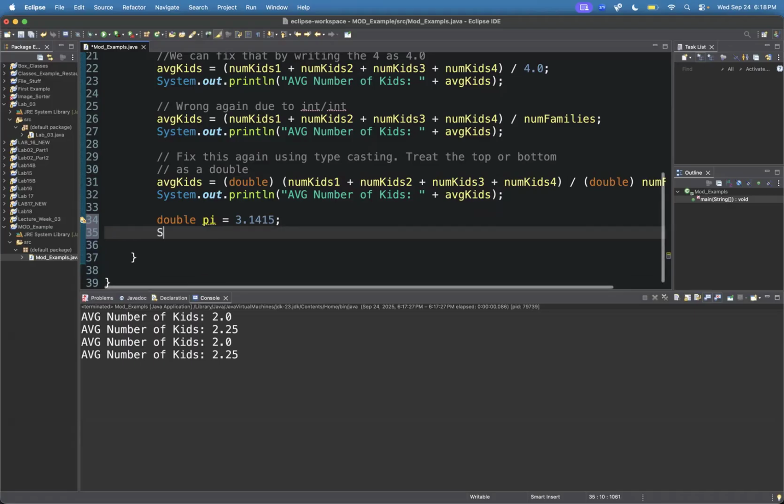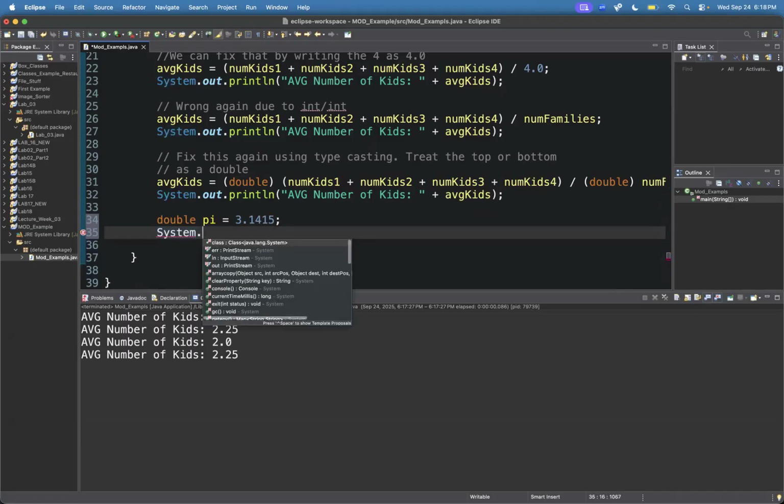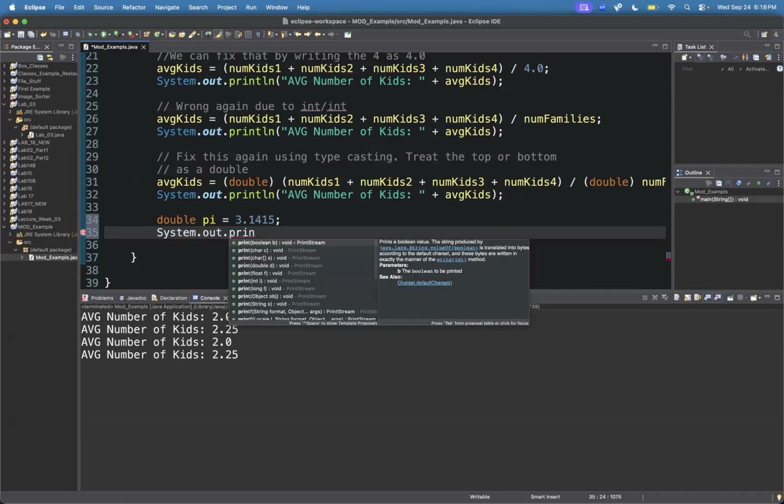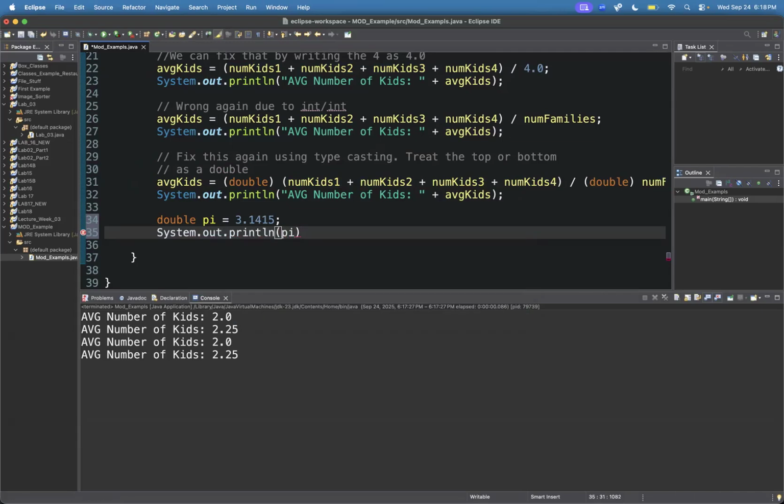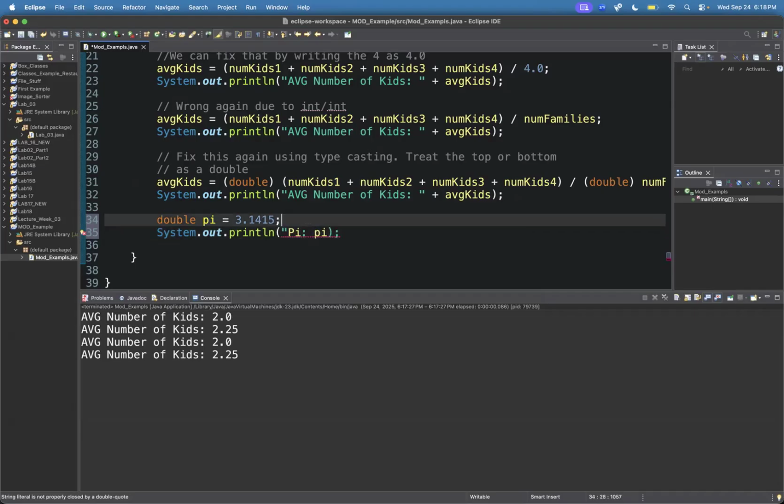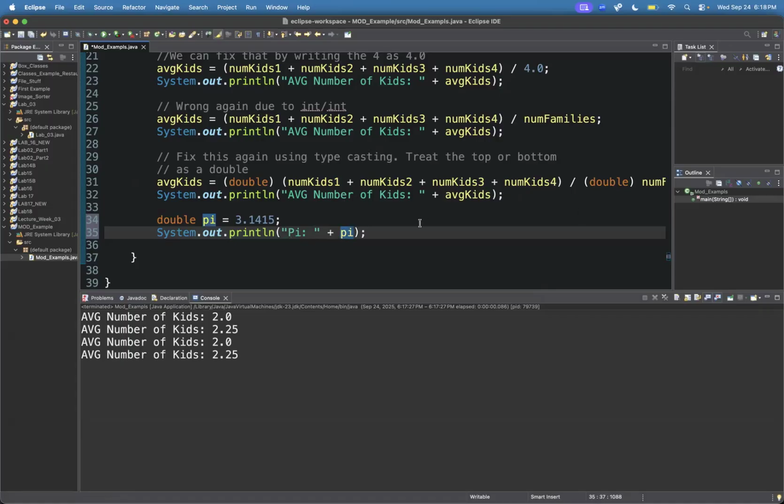Now, of course, if I print this, System.out.println, and I go pi, then of course we're going to get that 3.1415. There it is, pi, 3.1415.